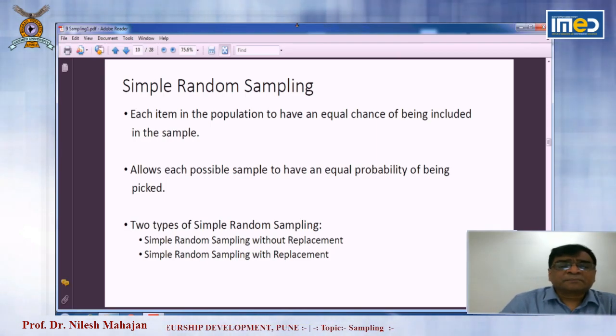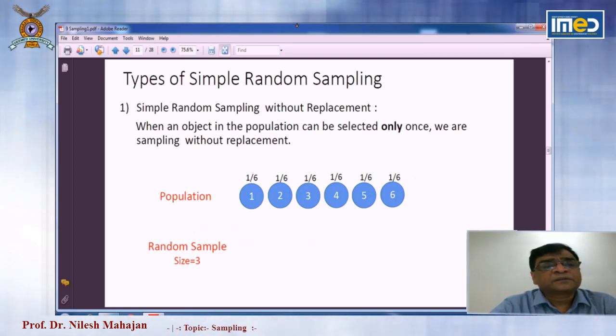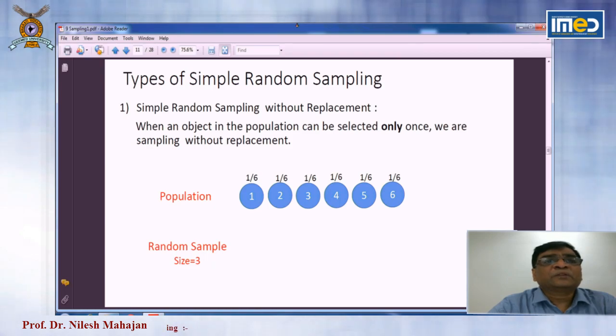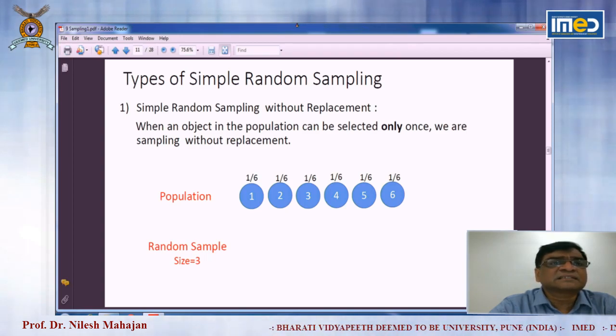Now the second part, types of simple random sampling. Simple random sampling without replacement is when an object in the population can be selected only once. Here I am taking an example population. There are 6 samples, so the chance of 1 is 1 by 6, of 2 is 1 by 6, 3 is 1 by 6, 4 is 1 by 6, 5 is 1 by 6, 6 is 1 by 6.